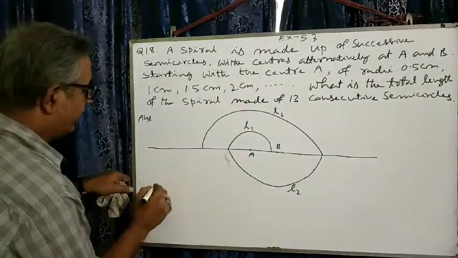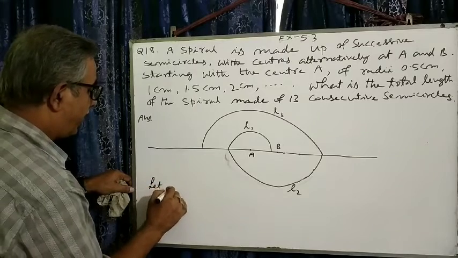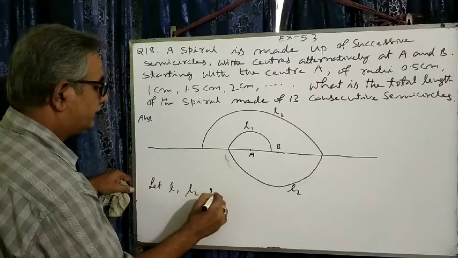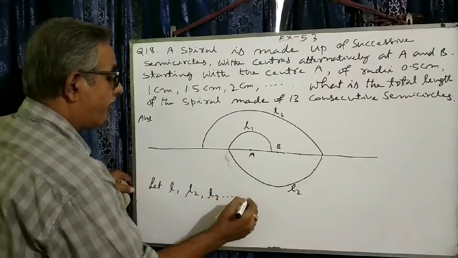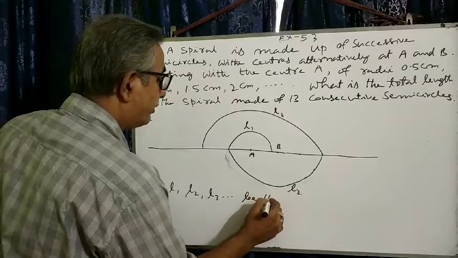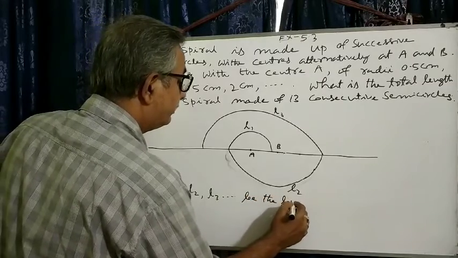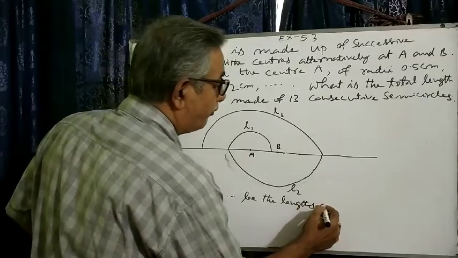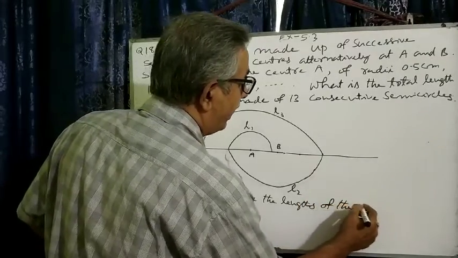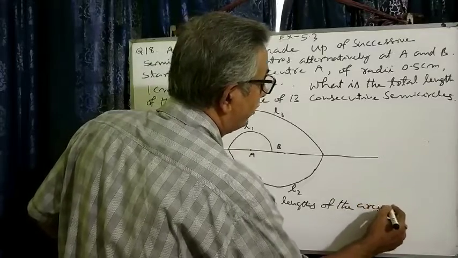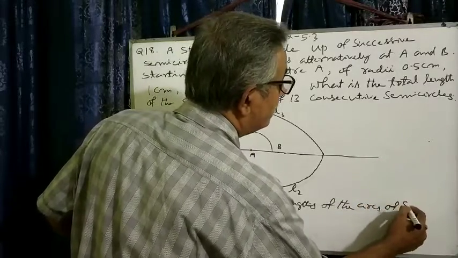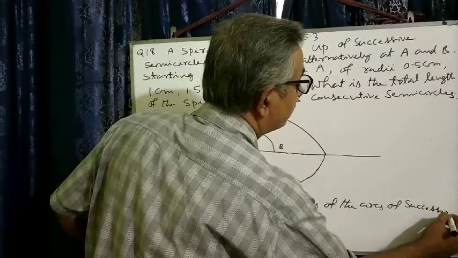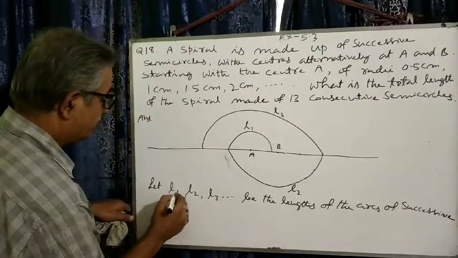I am writing here: let L1, L2, L3, and so on be the lengths of the arcs of successive semicircles.